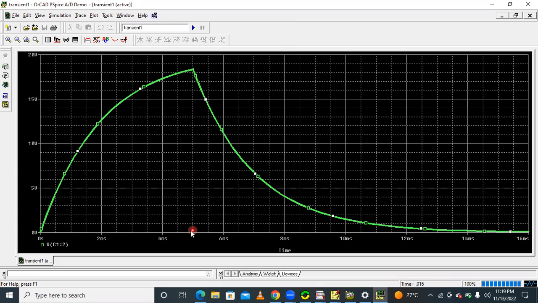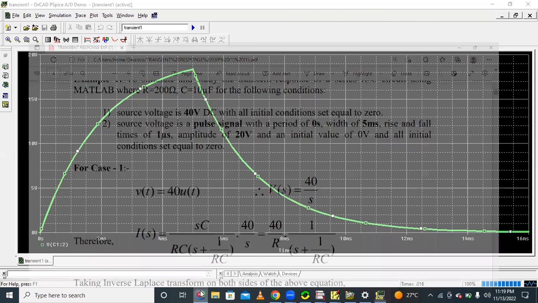That's why the voltage across the capacitor increases exponentially in this way. Then the source is turned off after 5 milliseconds, and that's why the voltage across the capacitor decreases exponentially. So this is the voltage expression across the capacitor. Up to 5 milliseconds it is increasing, and after 5 milliseconds it will be exponentially decreasing. Okay, understood.